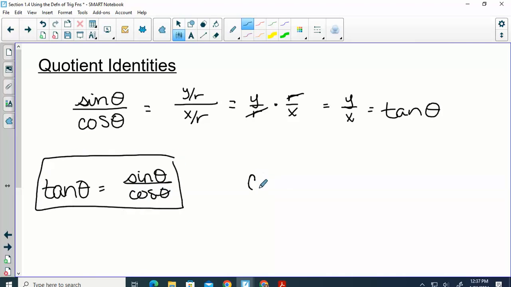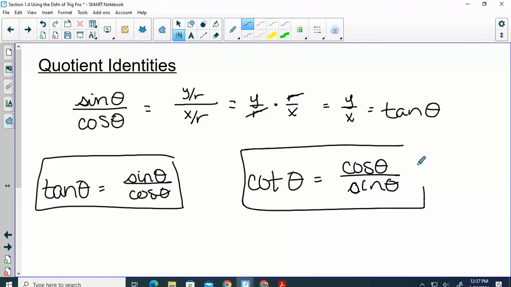So if I did reciprocals, what would cotangent be equal to? Cosine over sine, because reciprocal just means you flip the fraction. So we flip them. Okay, so those are a couple other relationships that we can use.